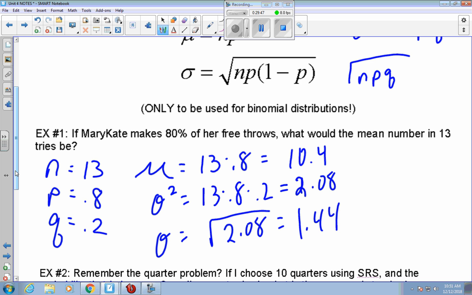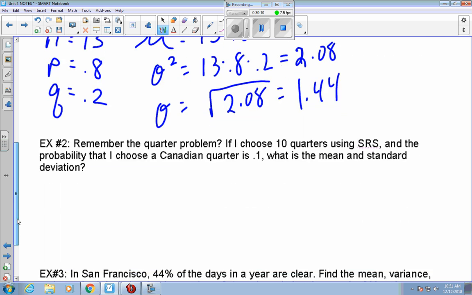So, min and max usual values, remember, are 2 standard deviations away from the mean. So, 10.4 plus 1.44 plus 1.44 would give your max usual value. And then going the other way, 10.4 minus 1.44 minus 1.44 gives you the 2 standard deviations below. Okay? So we learned that a couple chapters ago. It just keeps coming back.